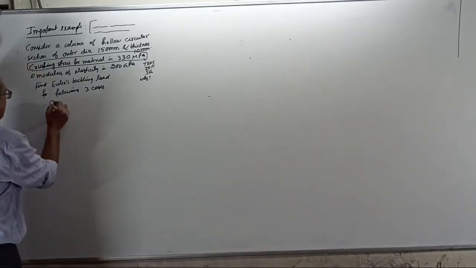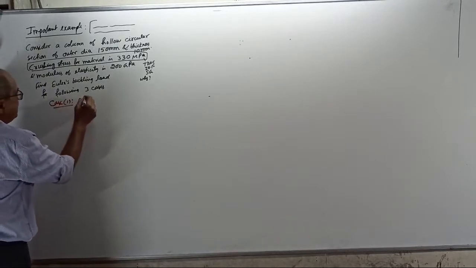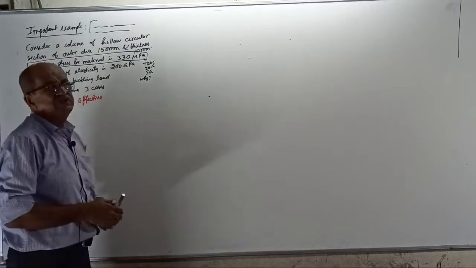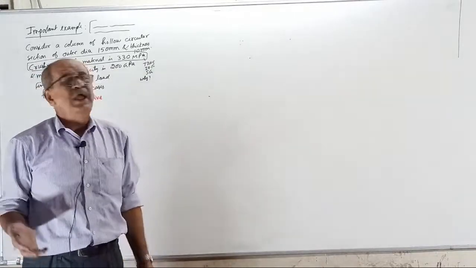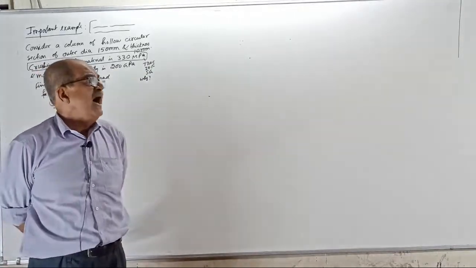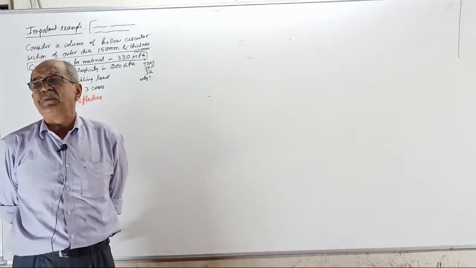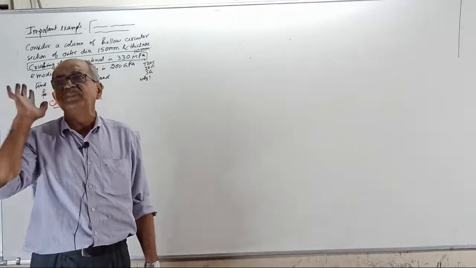Case 1. Effective length. I am not giving actual length because if actual length is given, finally it has to be converted to effective length, so why should we waste time? If they give actual length and end conditions, using that you convert to effective length. To discuss something, we always require effective length.